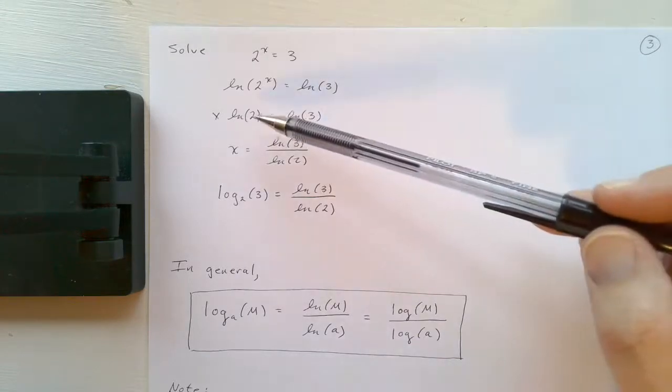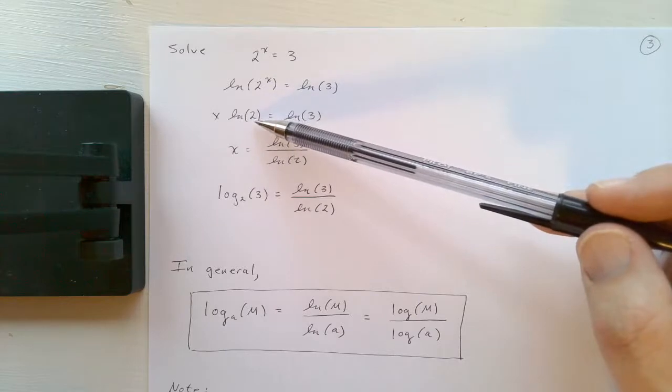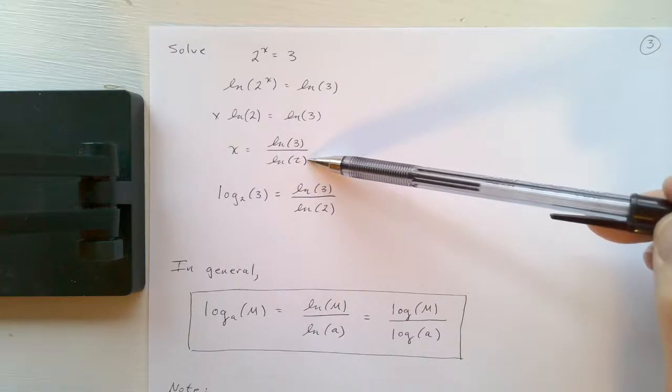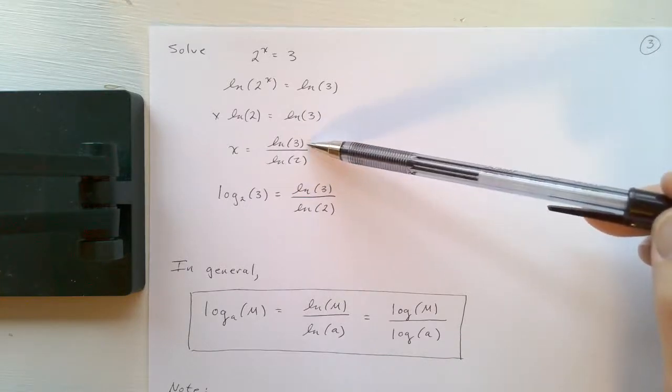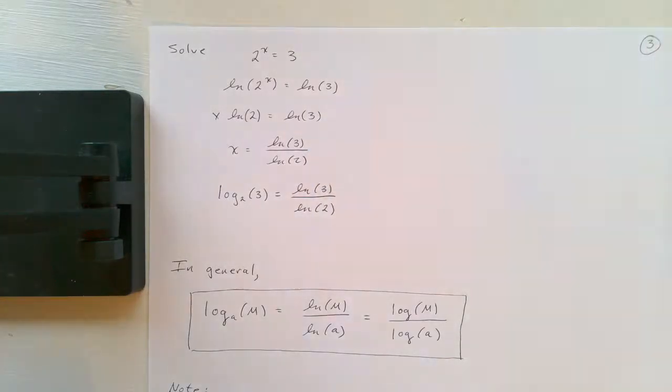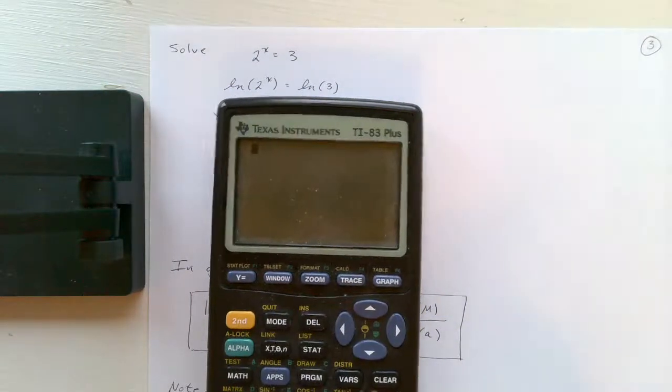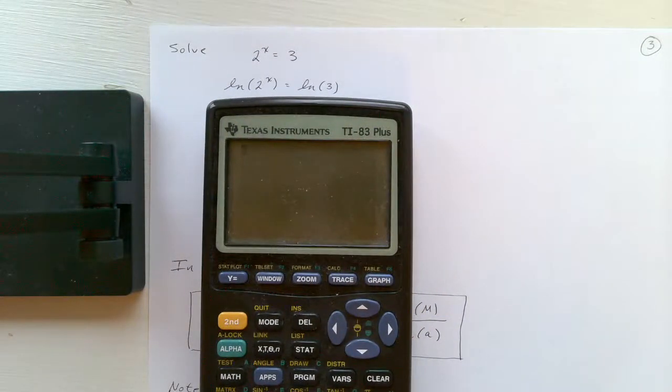Well, here instead of a nice round number, we have a log 2. Okay, it's still a number. We do the same thing. We divide both sides by log 2, and we get this. So we have natural log of 3 divided by natural log of 2. And if we wanted to get an approximation to this, we would just take our calculator out and compute log of 3 divided by log 2, and we get 1.585.